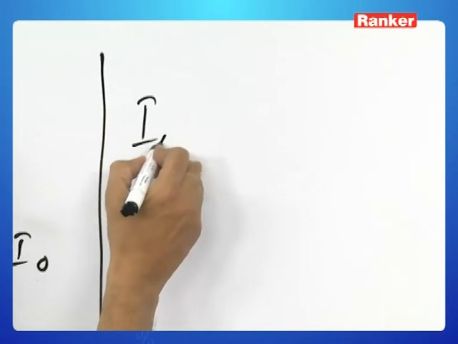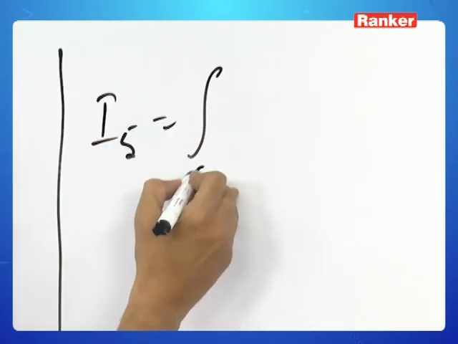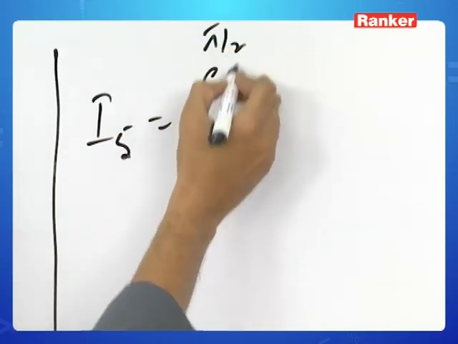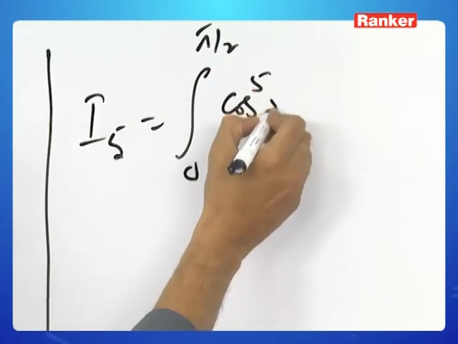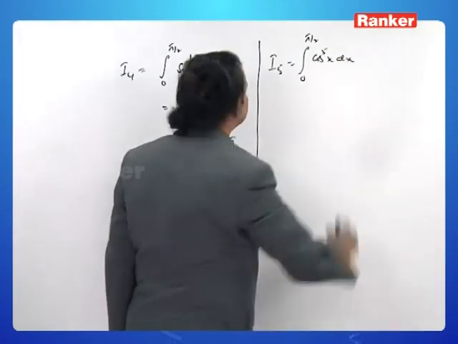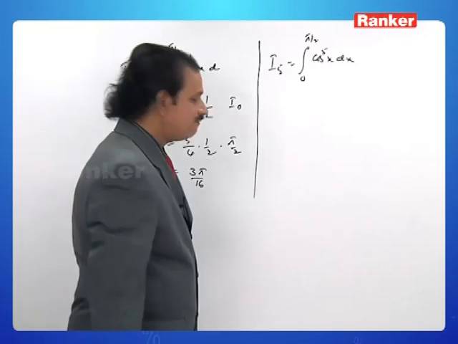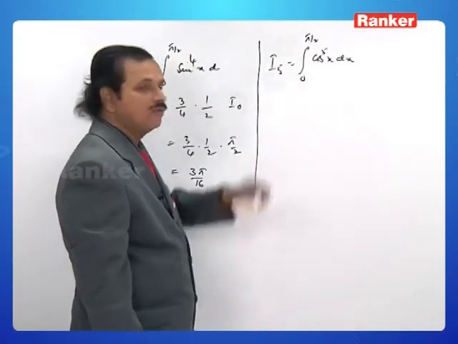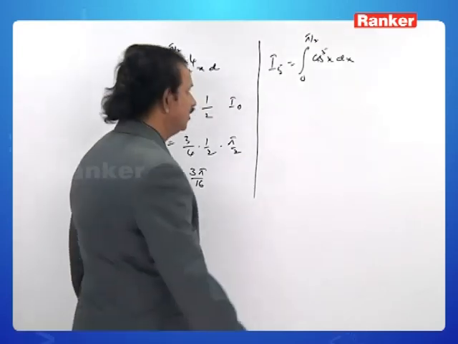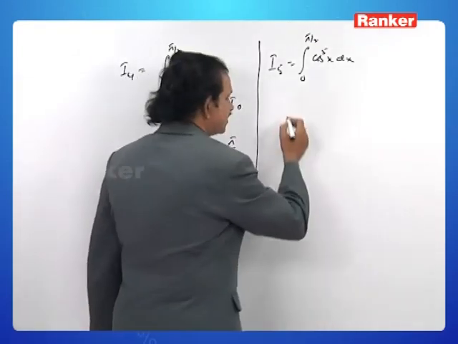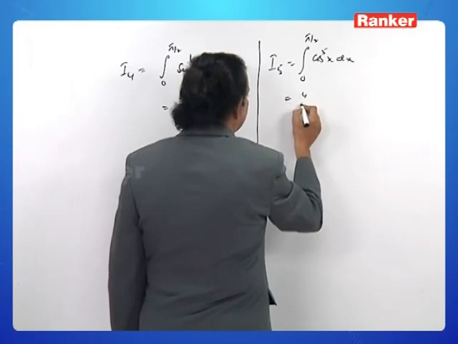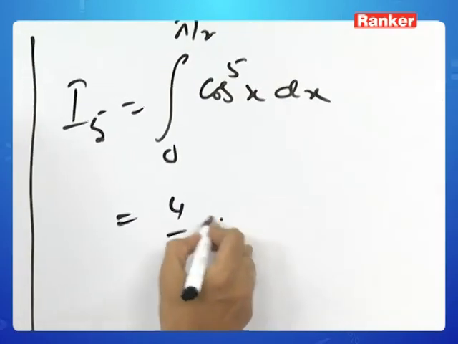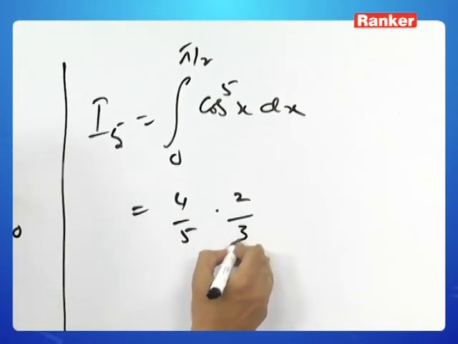One more problem. You take I5 is equal to integral 0 to pi by 2 cos power 5x. We have considered an example of an even power n. Here we have taken an odd power. Let us see what happens. The starting step is n minus 1 by n, that is 4 by 5, then 2 by 3.